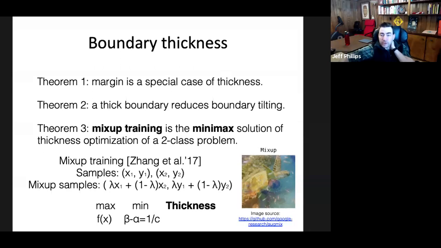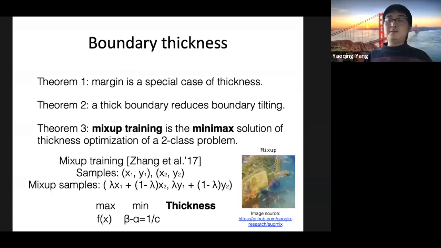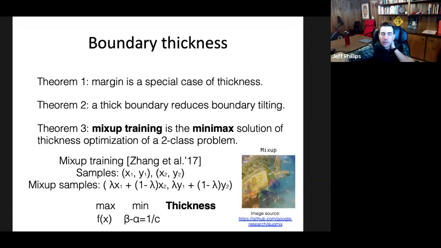Which function is this that's supposed to be linear? What I mean is that when you train a mix-up model, the function that you expect to have will be a piecewise linear function.